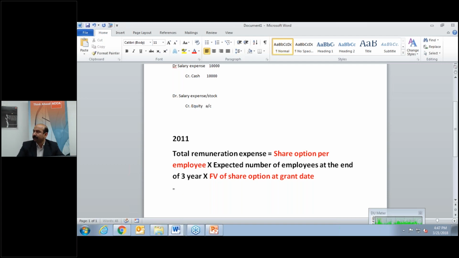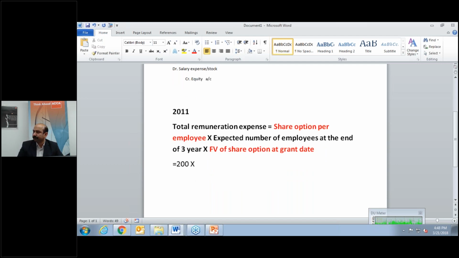I think I should increase its font size. Then multiply it with the fair value of the share option at the grant date. It is given in the question, and that is 20.